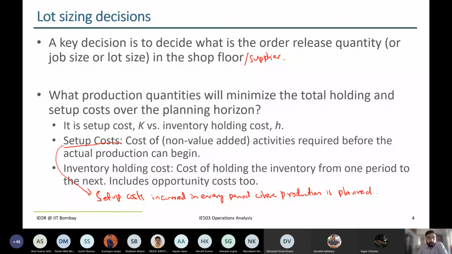You can assume a period is, for example, a week. Then we assume that if production is planned every week, at the beginning of the week we do a proper setup which lasts that entire week, and that is being used for that week. And hence the setup cost is incurred every period where production is being planned.